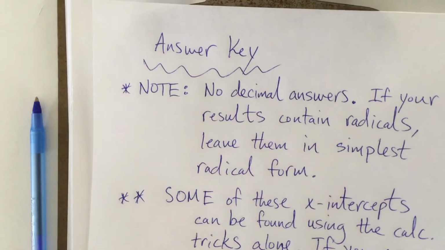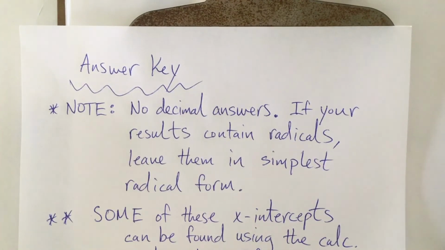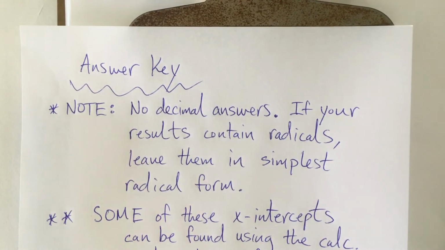Here we go. First things first. When I show you the answer key, I want you to follow this. No decimal answers. When you guys take the assessment for this, I will not accept decimal answers. If you have radicals in your answer, leave them in simplest radical form.